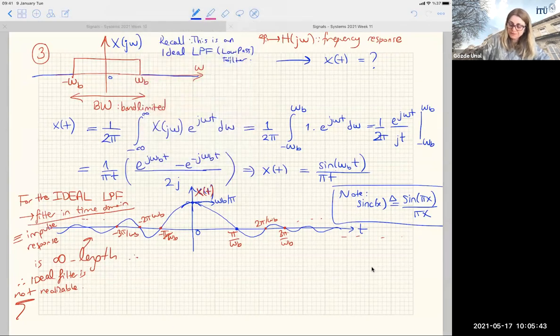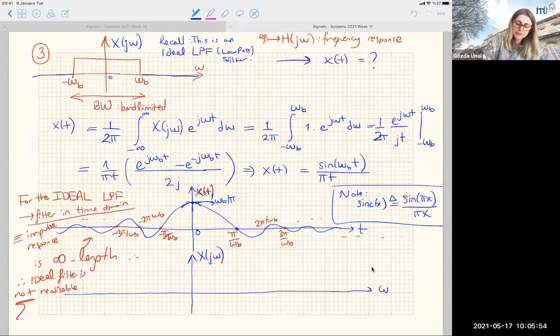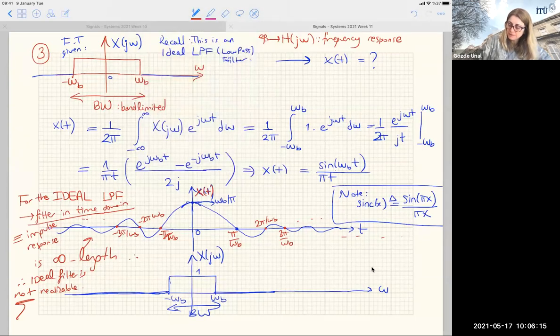Also, let's note again the time frequency duality. The original frequency response, or Fourier transform, this was the Fourier transform given. It was, for instance, let's say this guy, minus omega b. It was 1, right? This was the bandwidth. So if the bandwidth, for instance, increased, so that omega b increased, what happens to the main lobe here?